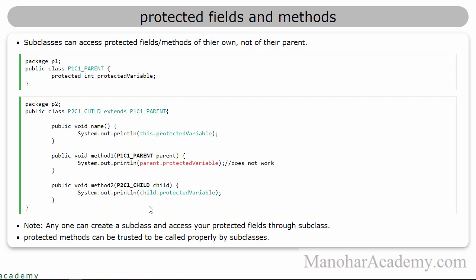We don't want that. So protected fields are very uncommon, but protected methods are common. You can trust the child class or subclass to know how to call the protected methods properly. Whatever preconditions have to be satisfied before calling this method, the subclasses are supposed to know. So protected methods are okay, but protected fields are not okay.